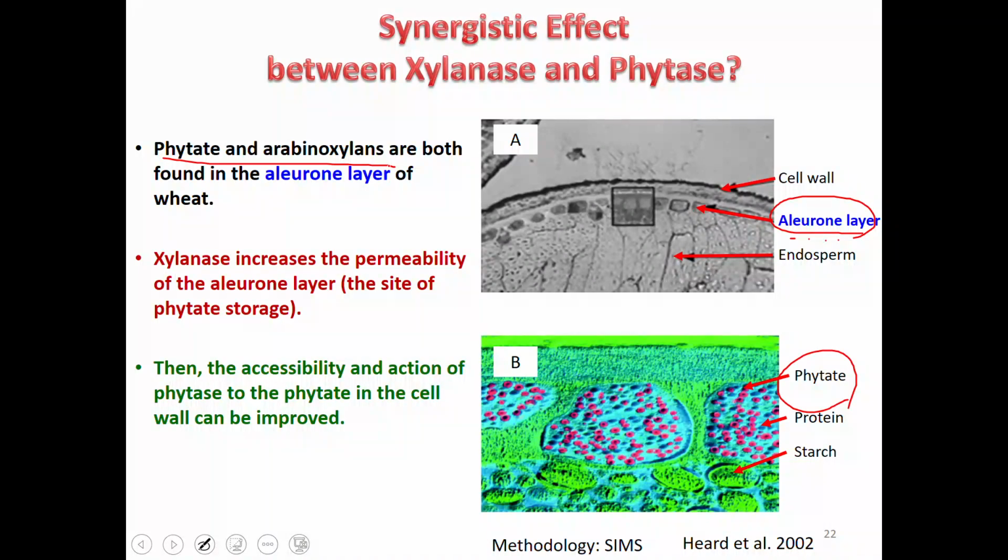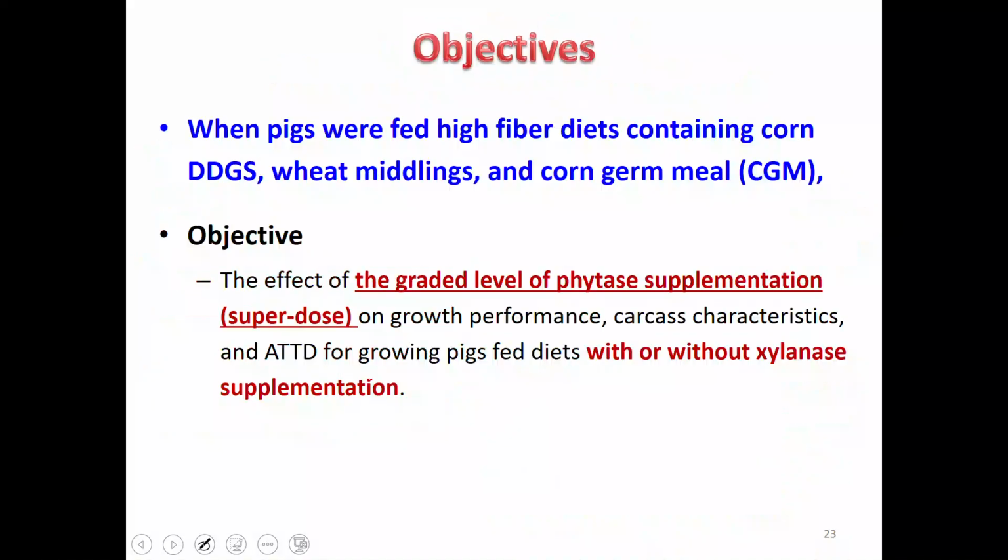So when you supplement both Xylanase and Phytase in the swine diet, Xylanase can break down this fiber, arabinoxylan, in the aleurone layer, so that it increases permeability of this layer, which is also the site of phytate storage. Then it could improve accessibility of phytase to the phytate so that it can improve the action of phytase. Okay, so we could expect a synergistic effect between Xylanase and Phytase in swine diet.